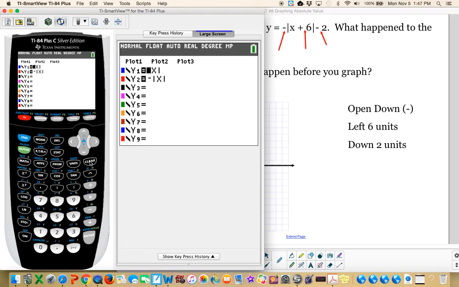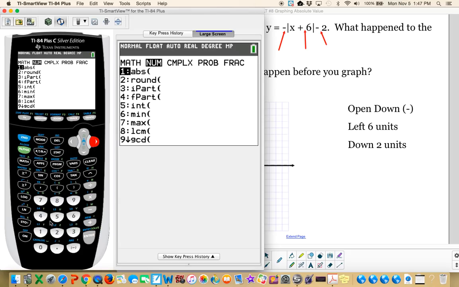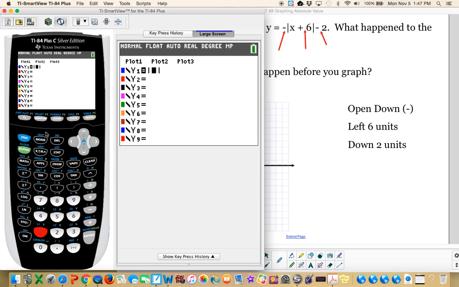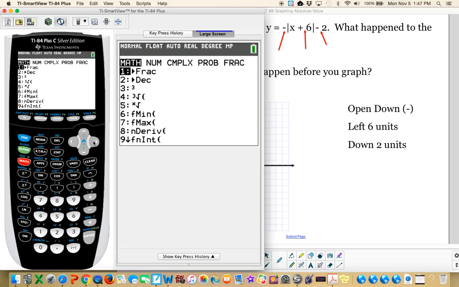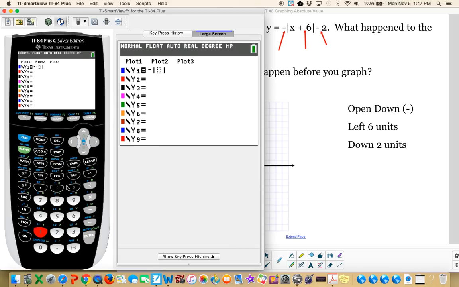Let's go over here. Let's clear out these 2 equations. Go back up to the first, do math num abs. Oh, we want to put the negative on the outside. So we need to do negative math num abs. So we have x plus 6 on the inside, and then on the outside we have minus 2.